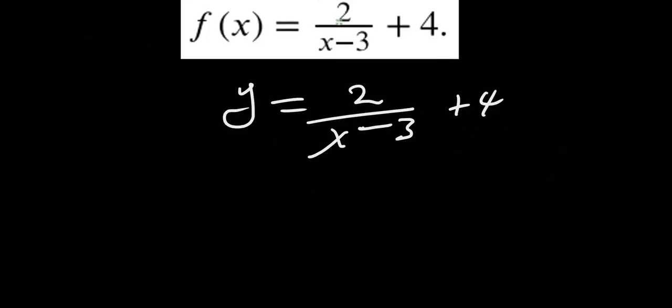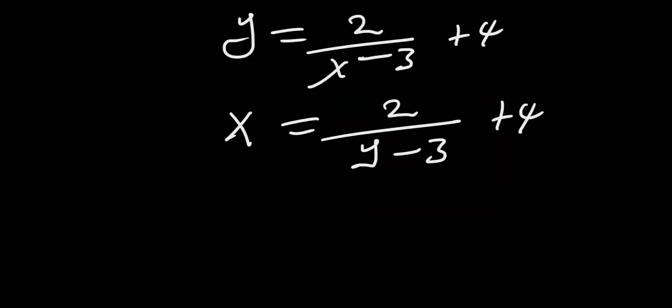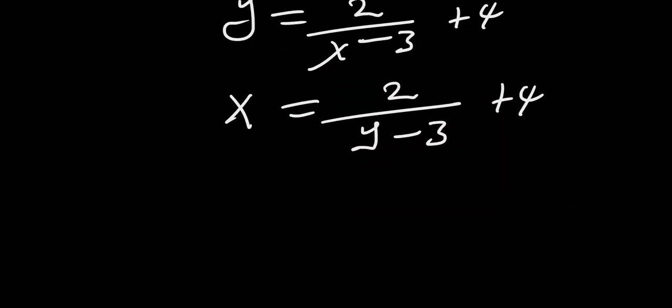So next we are going to switch the position of x for y and y for x. So this will become x is equal to 2 over y minus 3 plus 4. So now we are going to write this equation in terms of y, or make y the subject of this formula.